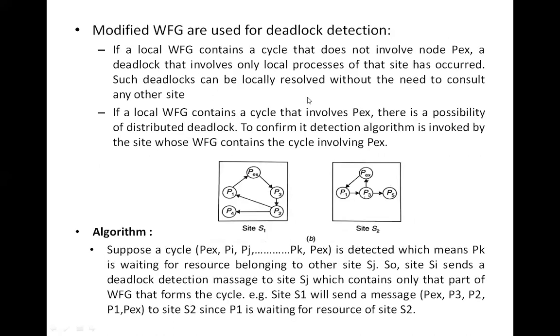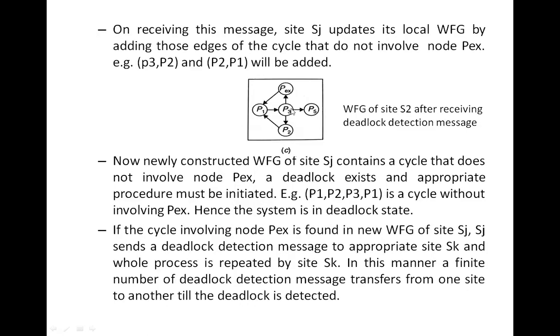The edges not involving PEX are P3 to P2 and P2 to P1. These 2 edges are included at site S2. So P3 to P2 and P2 to P1 are added. This is the WFG of the site S2 after receiving the deadlock detection message from the site S1.